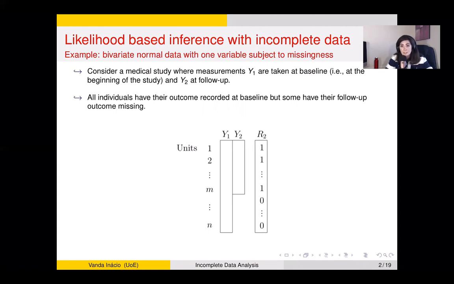Basically, it means that all individuals have their outcome recorded at baseline, but some do not have their outcome measurement at the follow-up time.